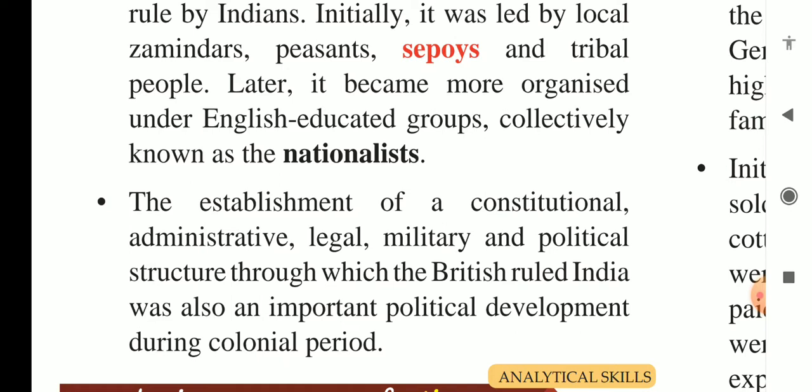And they came to know why we have been slaves of the British for so many years. We need to free ourselves from Britishers. So they were called nationalists. They were English educated groups. They started opposing the British to free their country.